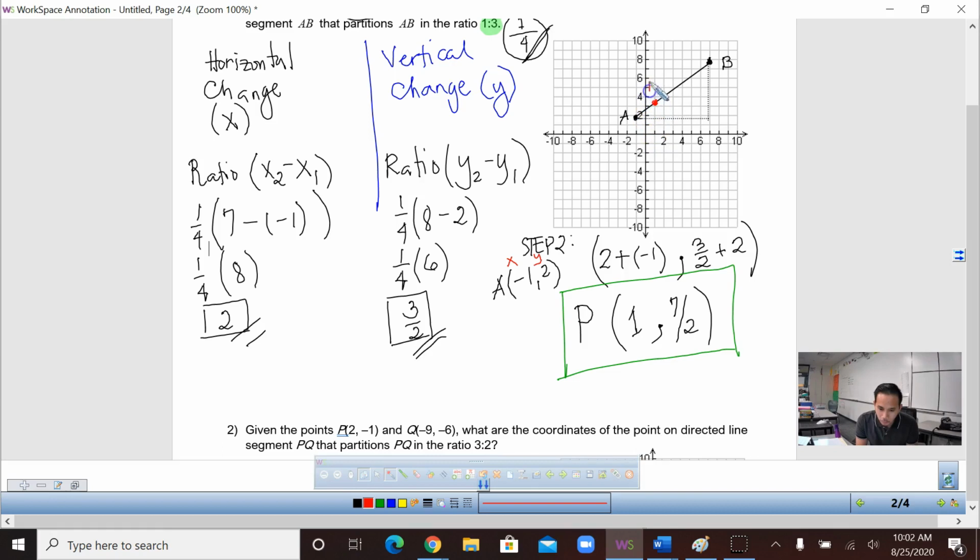This is now your P. So if you're going to count from here, that's 1 and 2. Okay, that's 2. And then that's 1. This is 1.5.